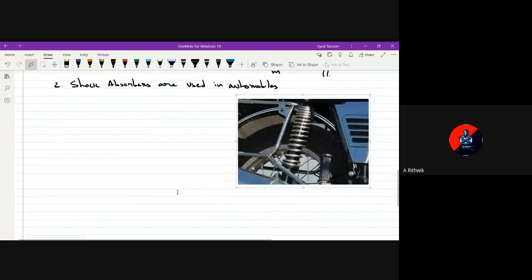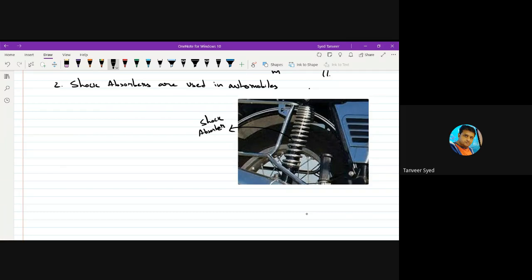Another technical name for it is suspension. A common word is shock absorber. So these are shock absorbers, a spring-like thing. Lightning is a different thing. It is not used in lightning. It is used to absorb the shocks.